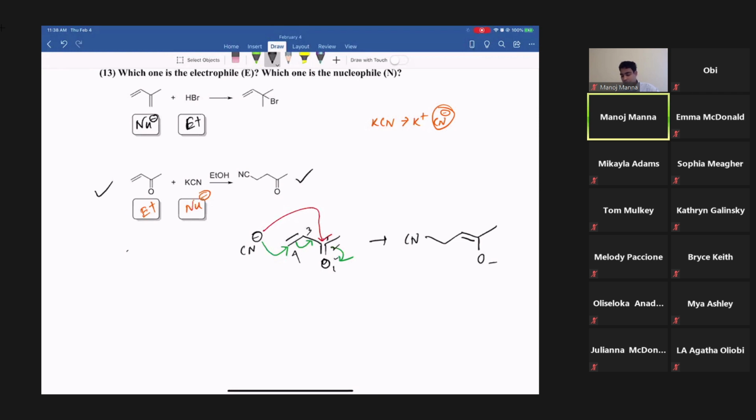Do you get why CN minus is a nucleophile and this compound is an electrophile? We also use other terms for this system: Michael donor and Michael acceptor. This is called a Michael reaction. Again, our target is not to focus on those reactions. Our target is how to recognize electrophile and nucleophile.